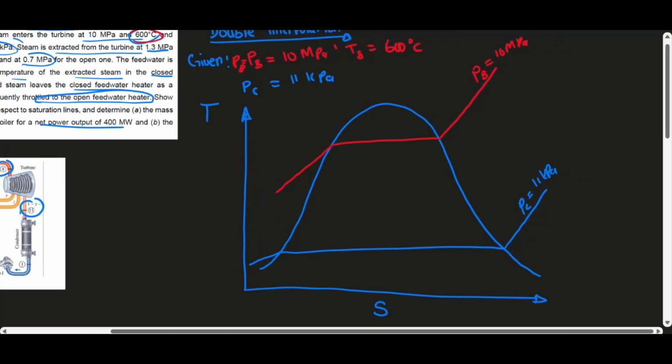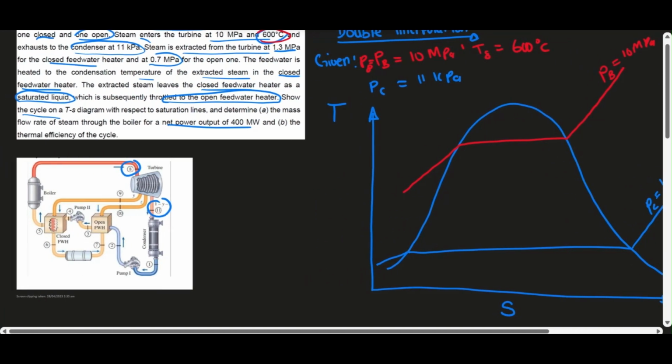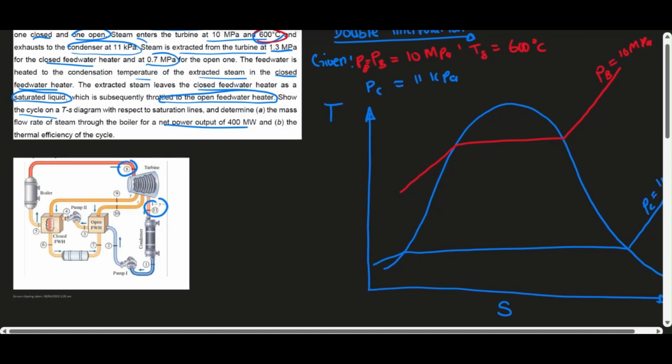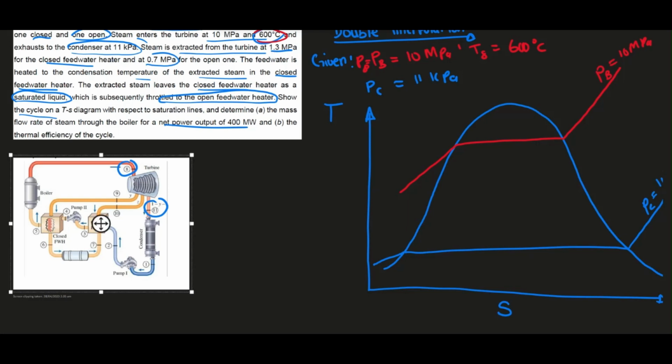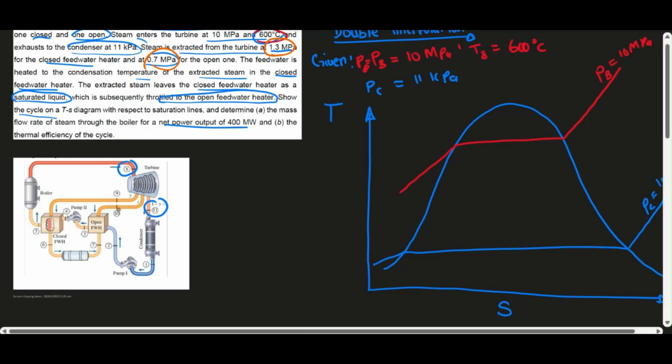All right. What else are we told? Okay. We are told from the problem statement that we have an extraction of steam at 1.3 megapascal and also at 0.7, 1.3 to the closed feed water heater and 0.7, excuse me, to the open feed water heater, as it can be seen there on the schematic.